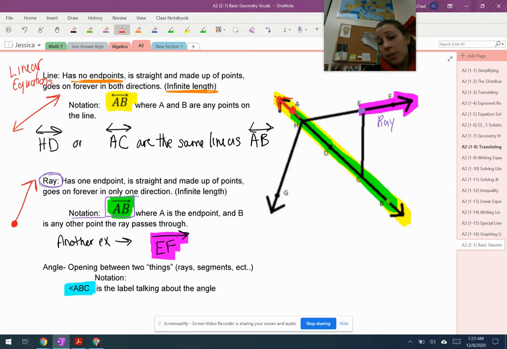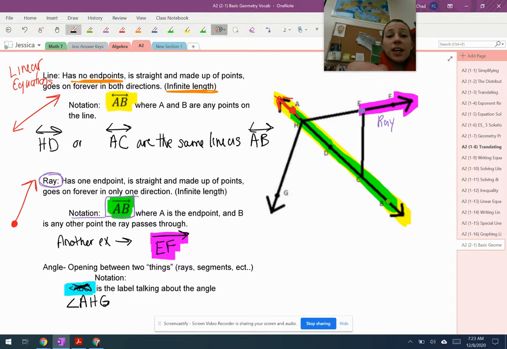Okay, so we gotta fix that. So instead of ABC, let's change this to say angle AHG. So angle AHG, here we go, is talking about the angle.